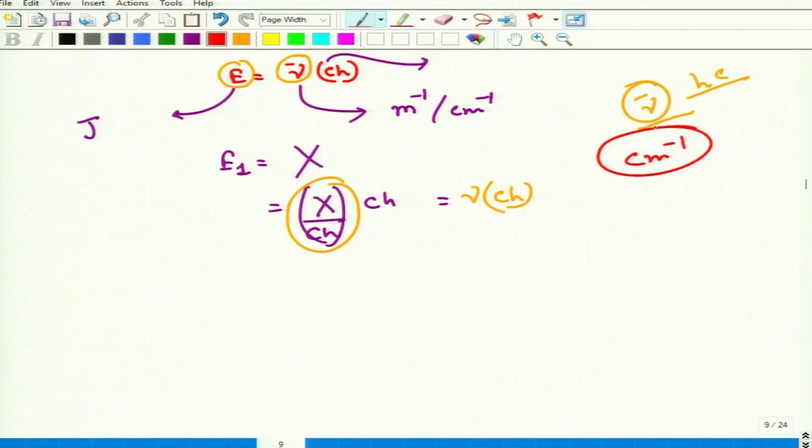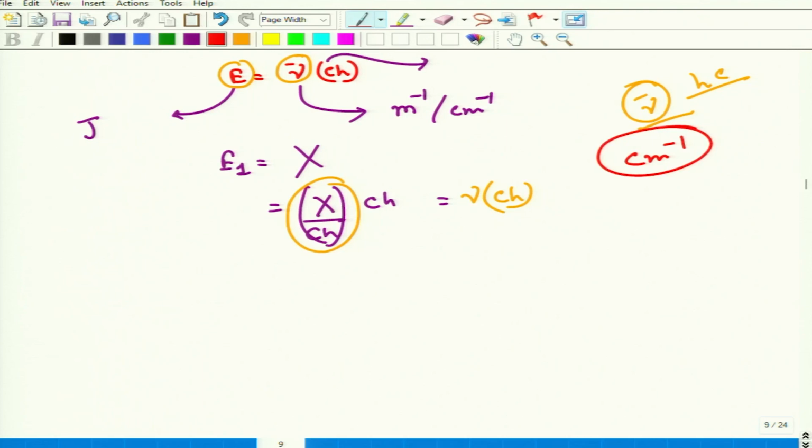And in spectroscopy, because we have to deal with the atomic spectra, that is essentially a part of spectroscopy. So in spectroscopy we generally use the wave number, we don't deal with the joule. The centimeter inverse is widely used, a very important unit in spectroscopy.